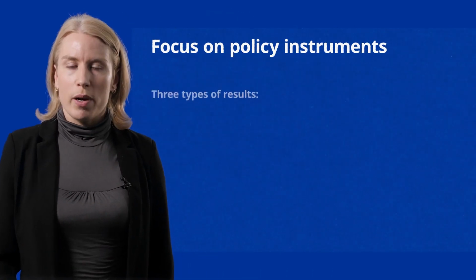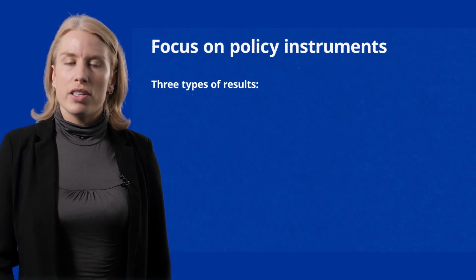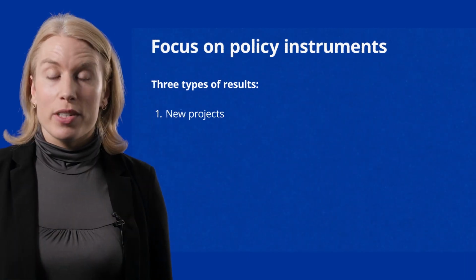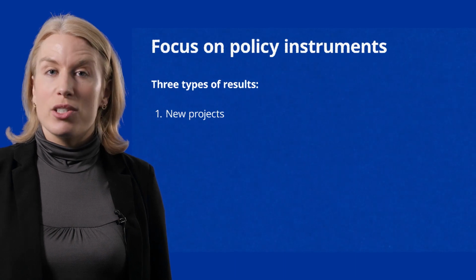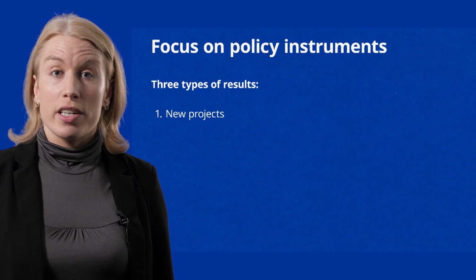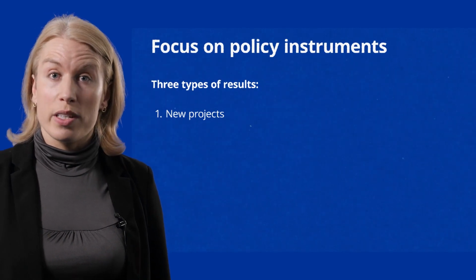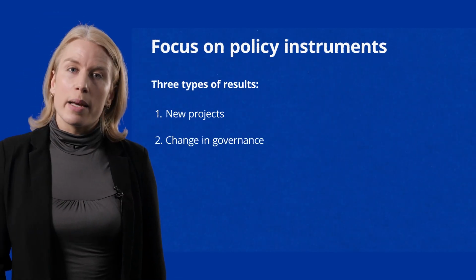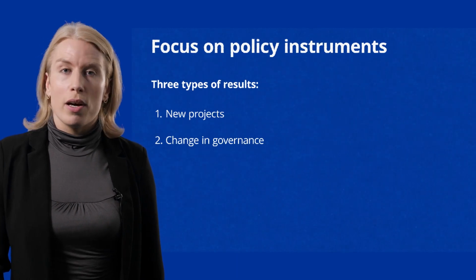There are 3 types of results possible when improving policy instruments. The first is new projects. The policy responsible authority may decide to launch a new call for proposals or to approve a new project that wasn't financed before under this policy instrument. The second type is changing the governance of the policy instrument.